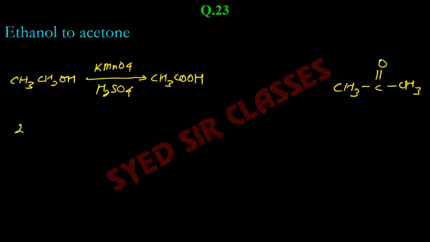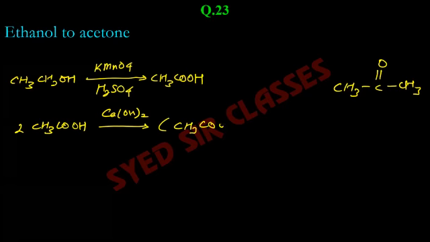Okay, so twice CH3COOH when reacted with Ca(OH)2 will give you the salt, sorry, twice. Okay, this is a type of anhydride, metallic anhydride.